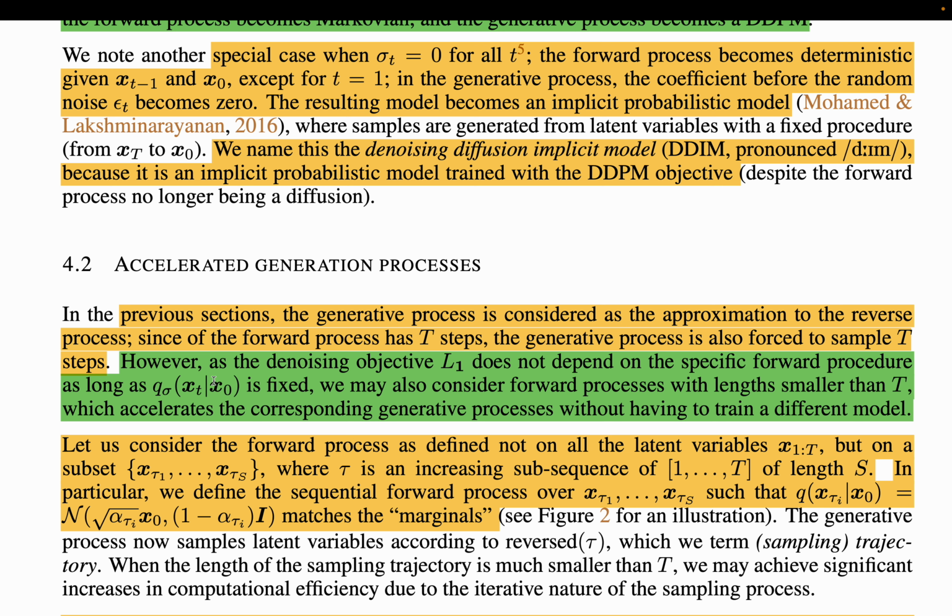So that means that for DDIM, instead of having 1000 time steps, we can just define new time steps, for example, tau, where we have only 50 time steps instead of 1000. For example, you just take one time step every 20 steps, but you make sure that it has the same marginal.